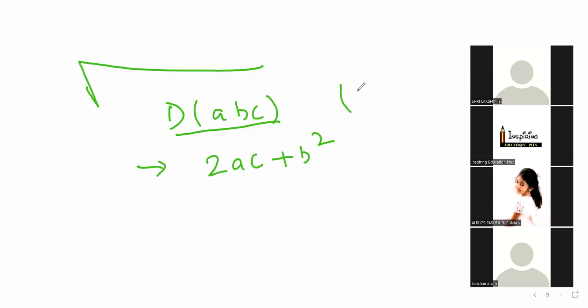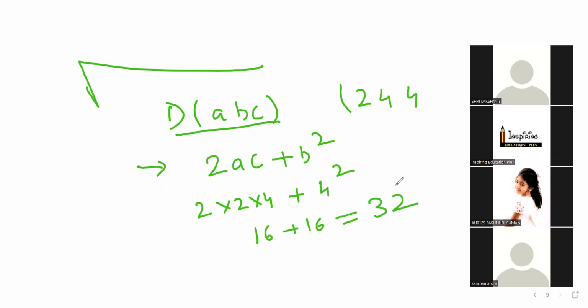So if it is 2, 4, 4, it is 2 into 4, plus 4 into 4 is 16, plus 16, it is 32. Now clear? Yes, sir.